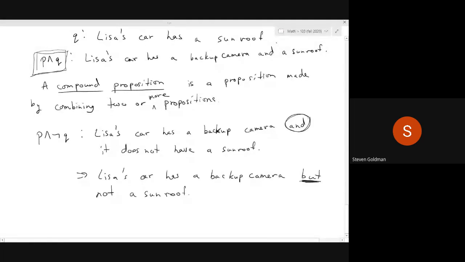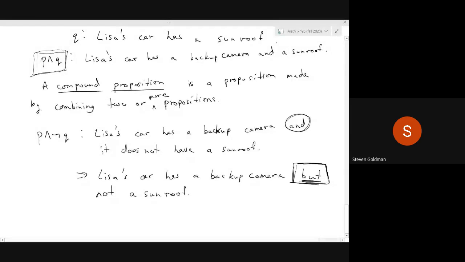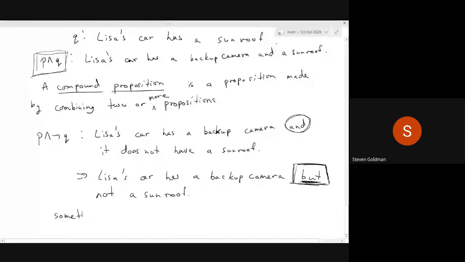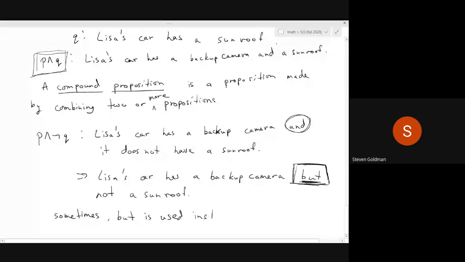Okay. So a lot of times in English sentences and in the homework, you'll see this. Instead of using the word and, you'll see the sentence written with the word but. Okay, so the word but has the same meaning as and. It means that the sentence is a conjunction. So sometimes the word but is used instead of and in a conjunction.